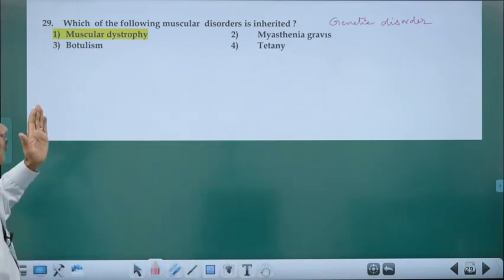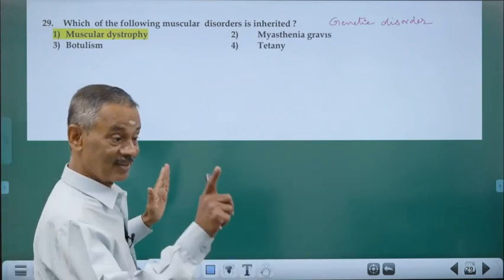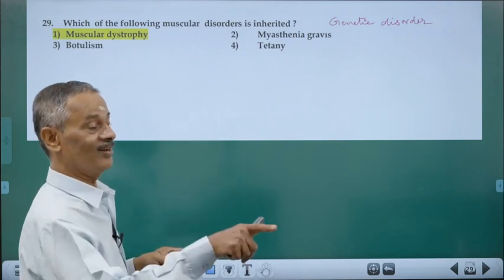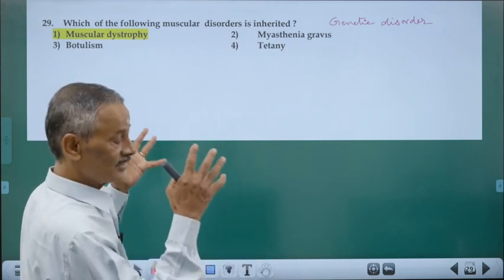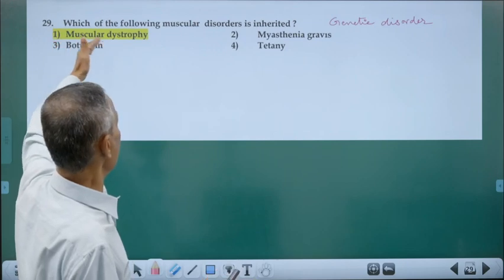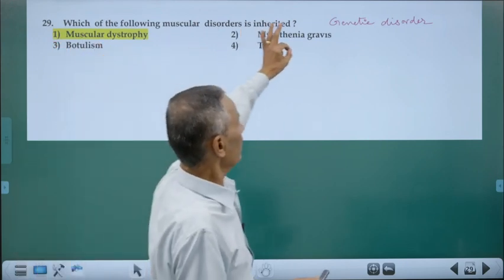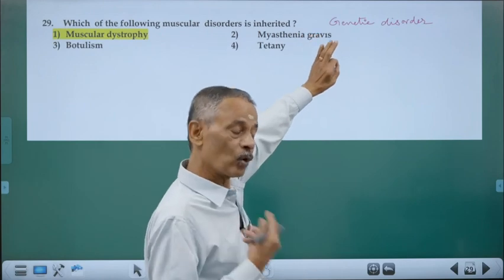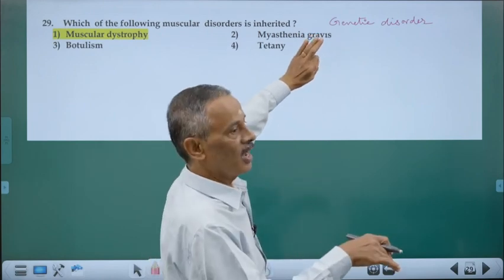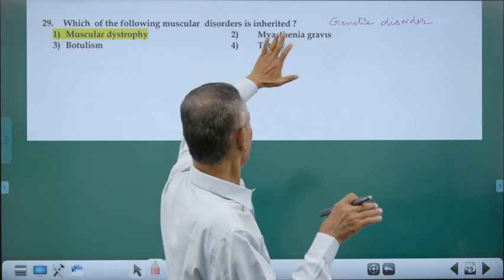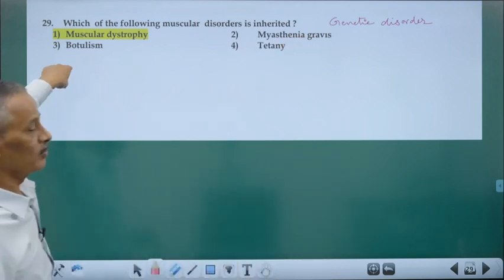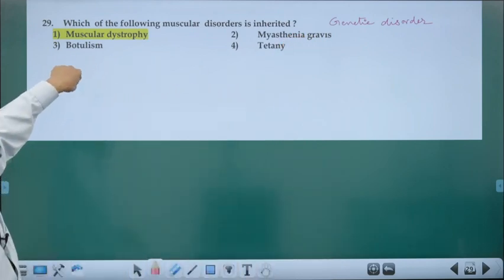Which of the following muscular disorders is inherited? Meaning because of a genetic basis, it is muscular dystrophy. The dystrophin gene is mutated. Myasthenia gravis is an autoimmune disease. Our own antibodies attack our own neuromuscular junctions. Botulism is because of a bacterial infection.